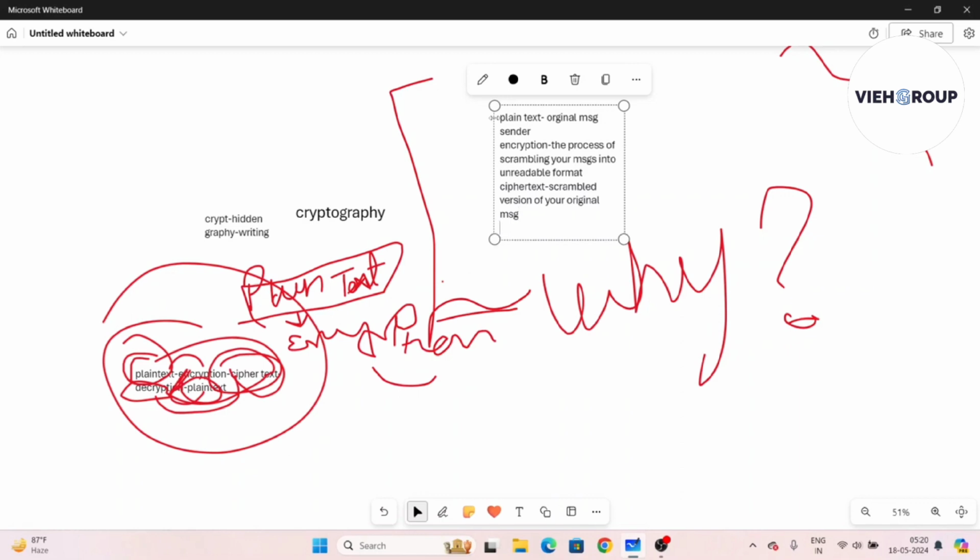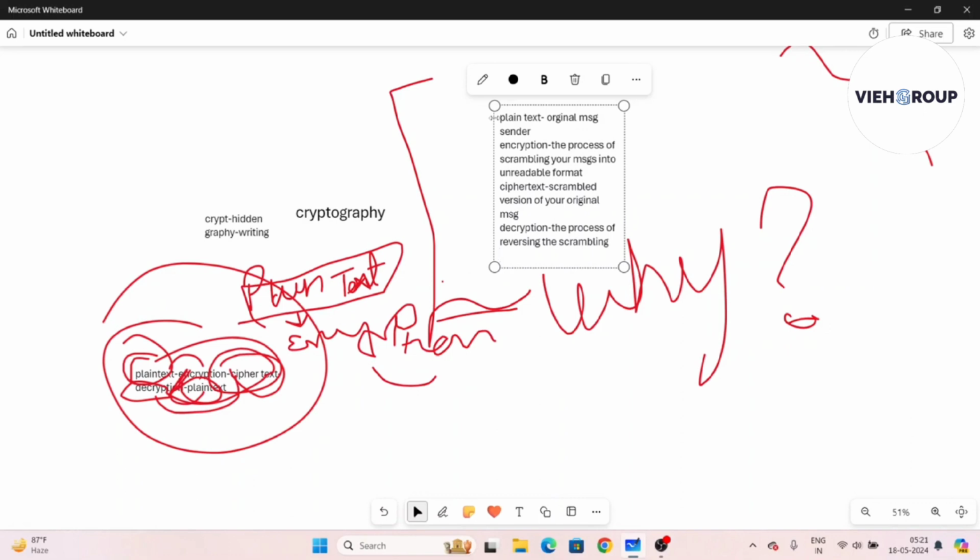Next is decryption. What is decryption? Simple. It is the process of reversing the scramble.